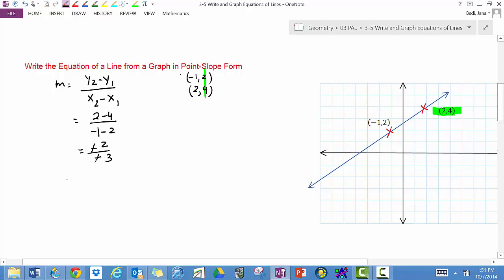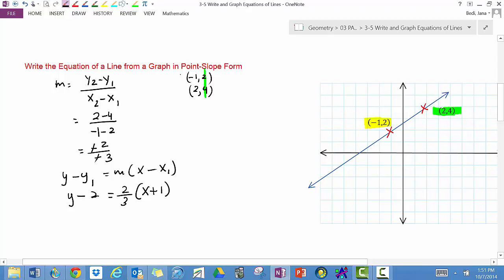In point-slope form, the equation is written like this: y - y1 = m(x - x1). So we have y minus, take the first point, which is (-1, 2). So you have y - 2 = 2/3 (x - (-1)), which gives me x + 1.